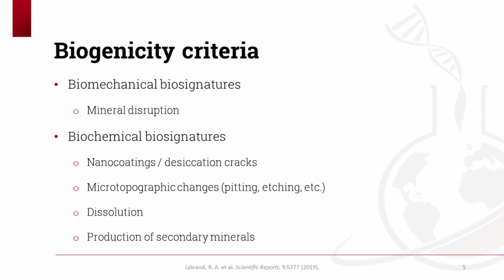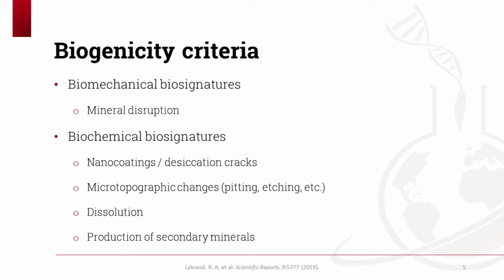After the microorganism grows, we look for signals of the bacterial activity in the minerals. To differentiate physical and chemical alterations from biological modifications, we use the biogenicity criteria to identify the so-called biosignatures. Those biosignatures can be mechanical, like the disruption of the mineral grains, or biochemical.